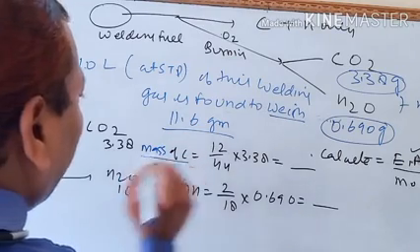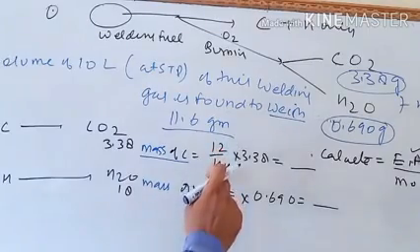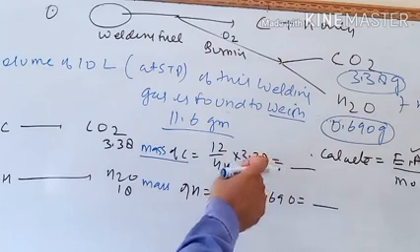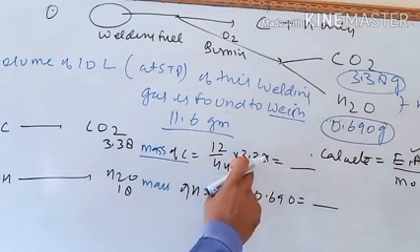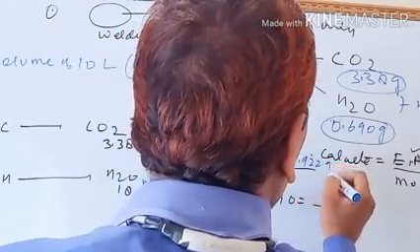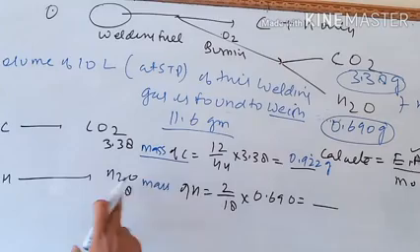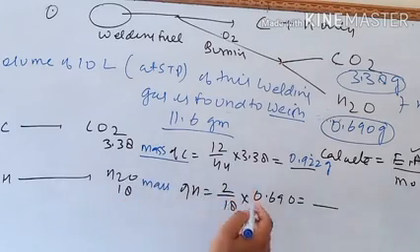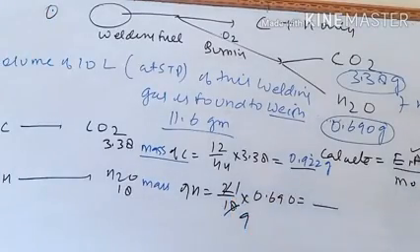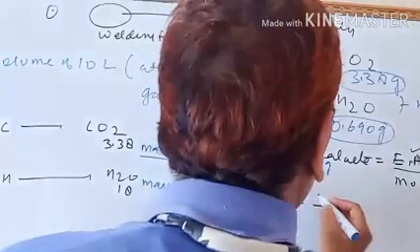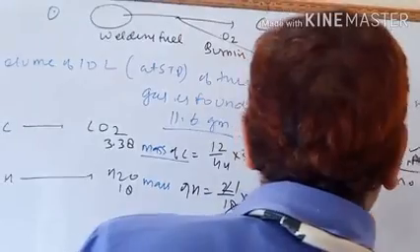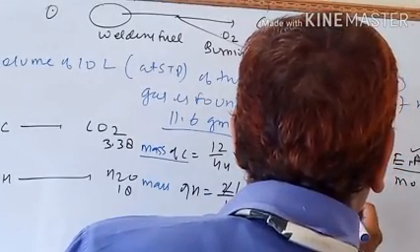The mass of carbon, when you calculate 12 upon 44 into 3.38, will come 0.922 gram. When you calculate 2 upon 18 into 0.690, you will get 0.077 gram.